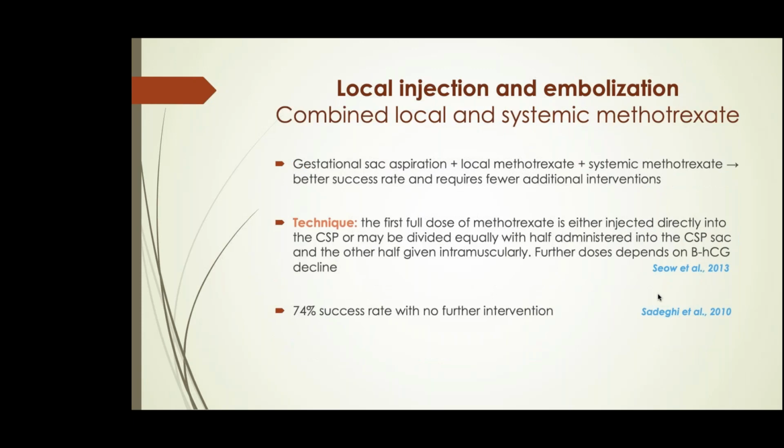The local injection and systemic treatment, which is the combined local and systemic methotrexate. So gestational sac aspiration plus methotrexate local injection and systemic methotrexate has a better success rate and requires fewer additional interventions. The technique is that the first full dose of methotrexate is either injected directly into the scar pregnancy or divided equally, with half administered into the sac and the other half given intramuscularly.